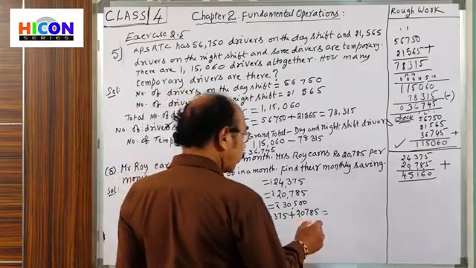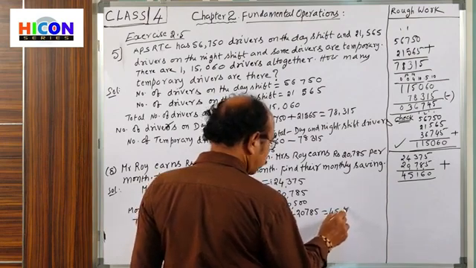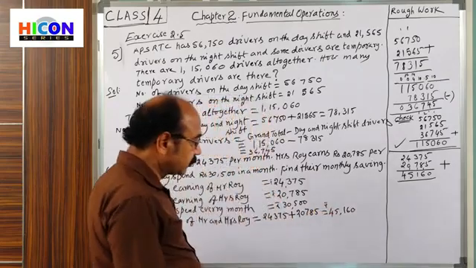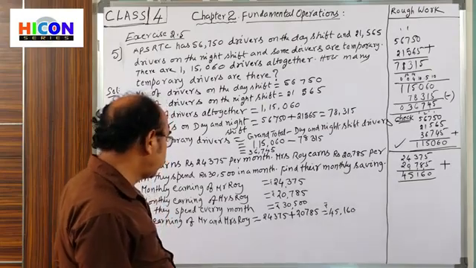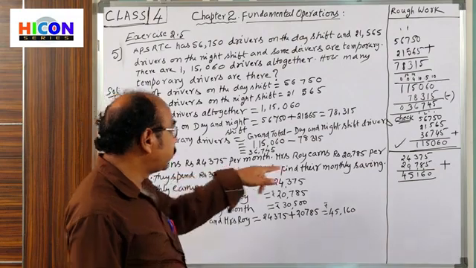That amount you write here: 45,160 rupees. This is the total earning of Mr. and Mrs. Roy. What is required here? Their monthly savings.